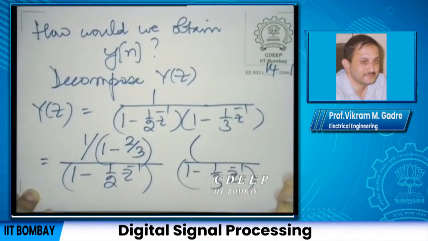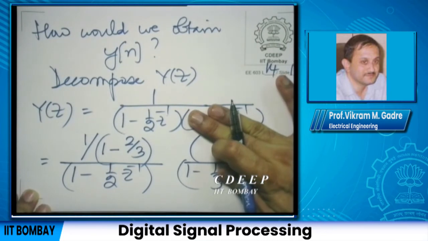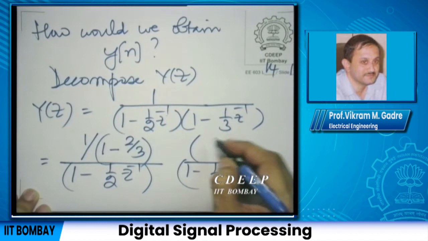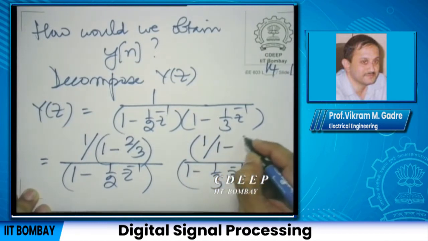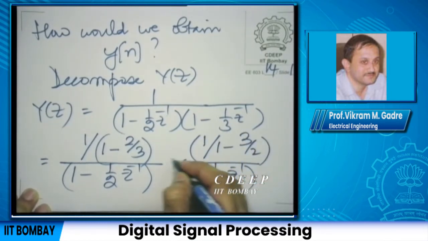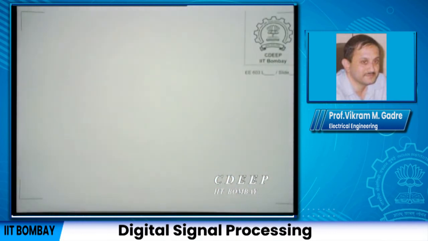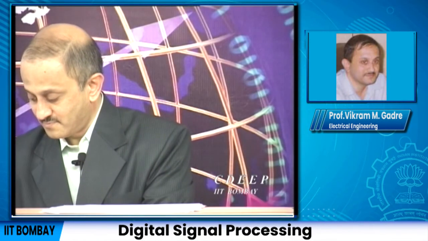And here I would use the same idea. I would multiply this by 1 minus 1/3 z inverse and put z equal to 1/3. So, z inverse is 3. So, there we are, 1 by 1 minus 3 by 2. Now, let us verify. What we are saying is 1 by 1 minus 2/3, that is 1 by 1/3.